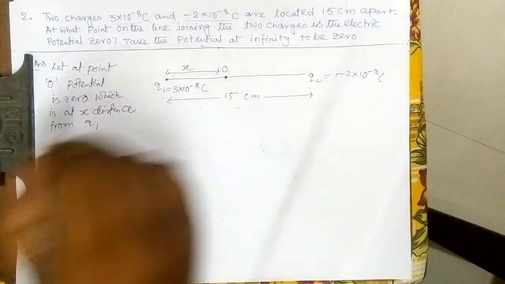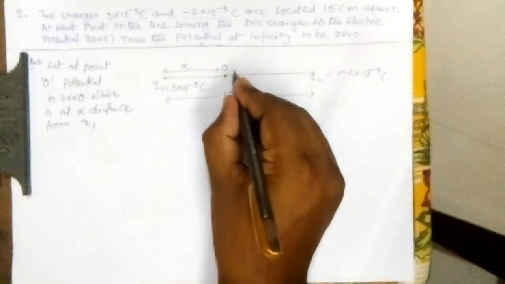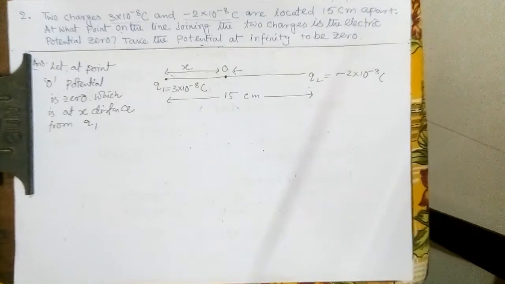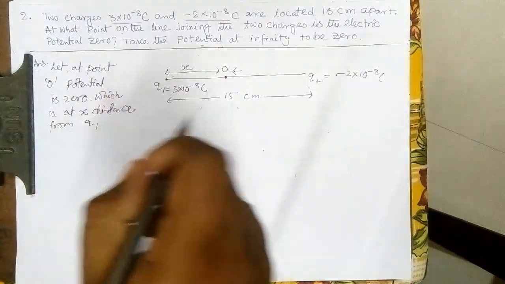We are assuming it is x distance. Now the rest of the distance will be how much? If the total distance is 15 centimeter, the rest will be 15 minus x.